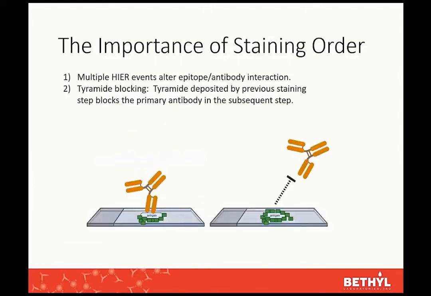Another problem that can occur is that you can block the binding of an antibody. So there can be so much OPAL attached to the tissue that it blocks the primary antibody from binding in the next round of staining. Again, we don't see this often.